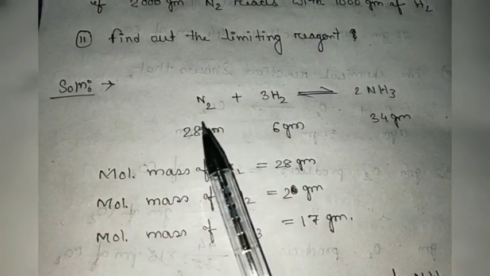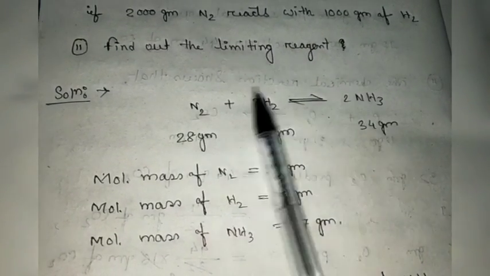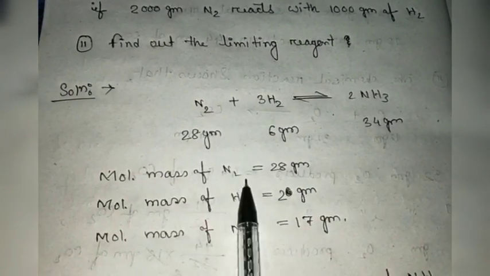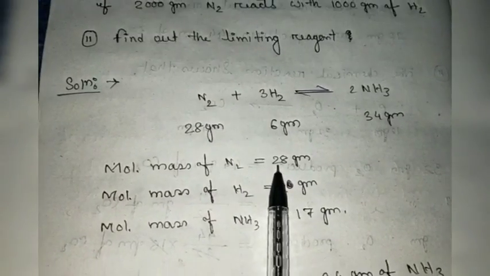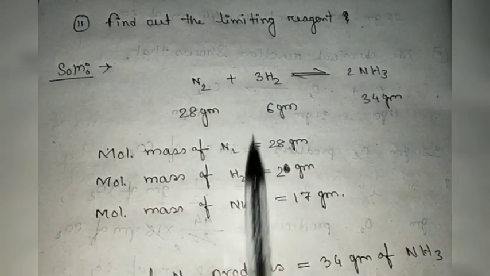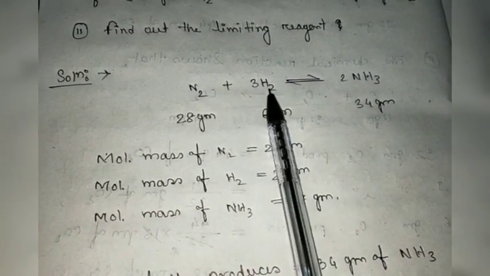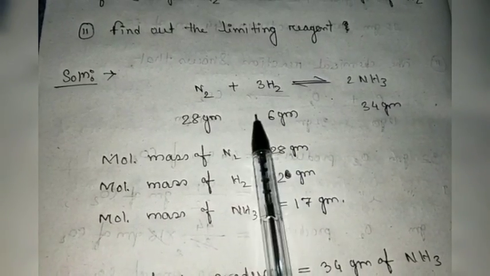So this is the chemical reaction, N2 plus 3H2 gives 2NH3. The molar mass of nitrogen is 28 gram, and the molar mass of hydrogen is 2 gram, but there are 3 moles of hydrogen, so 2 times 3 is 6 gram.